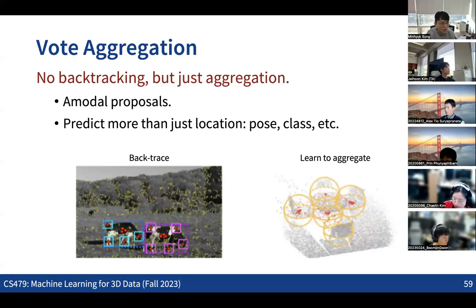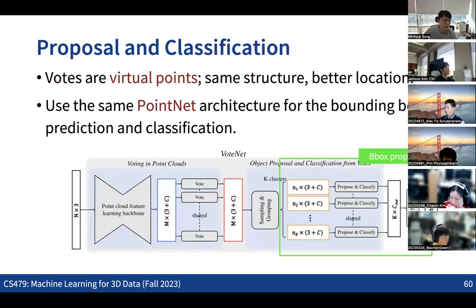Once we have the seed points and aggregate all the local votes, the next step is proposing the bounding boxes and the classification scores. All the votes in this case are also 3D points, so we can treat them as a 3D point cloud, which means we can directly use the PointNet architecture to get the bounding box information and the classification scores for each of the clusters of votes.